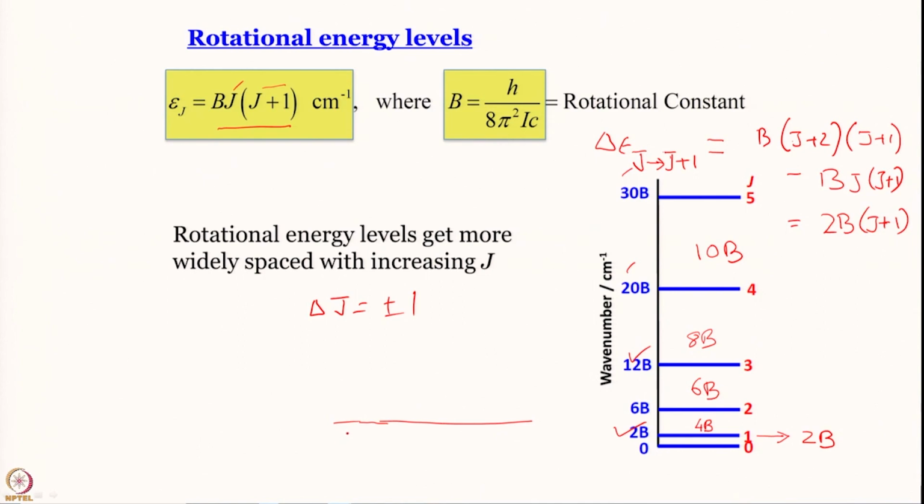The first one will occur at 2b corresponding to the delta j equal to plus minus 1, right. So, you can go from 0 to 1, that energy gap is 2b. Then you cannot go from 0 to 2, but you can go from 1 to 2, remember delta j equal to plus minus 1. So, that energy gap is 4b.